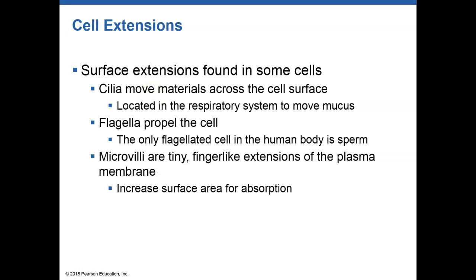Cilia are tiny, very small finger-like structures that are attached to the cell, and they help in movement of materials along the cell surface. Flagella are longer hair-like extensions that help to move the entire cell. Microvilli are very, very small extensions of the plasma membrane that help to increase surface area for absorption.